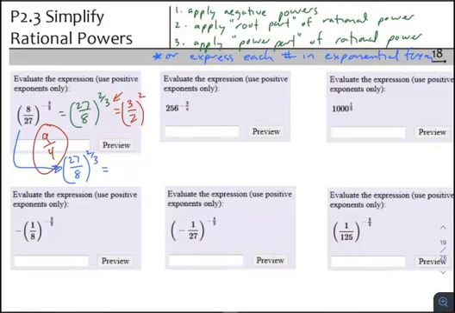Here's what happens if you do that. 27 you can express as 3 cubed, and 8 you can express as 2 cubed. Now you can just apply the properties of the powers.